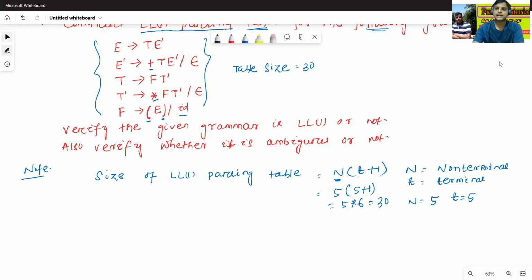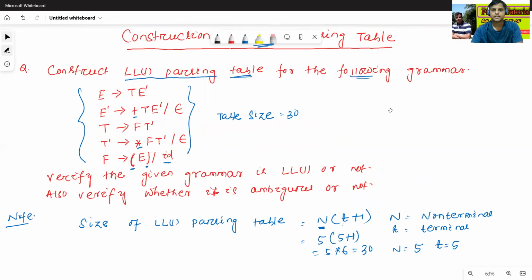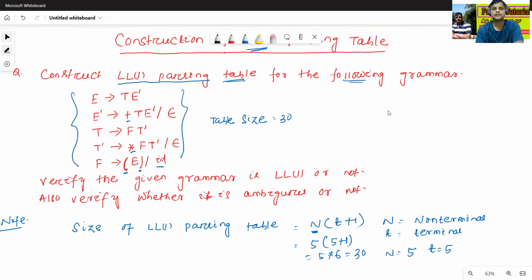Okay. Now in the first step we'll find out the first set and follow set. So I'm just erasing this one. Table size equals 30, so I'm writing it here for this table. First we'll find out the first set and follow set.